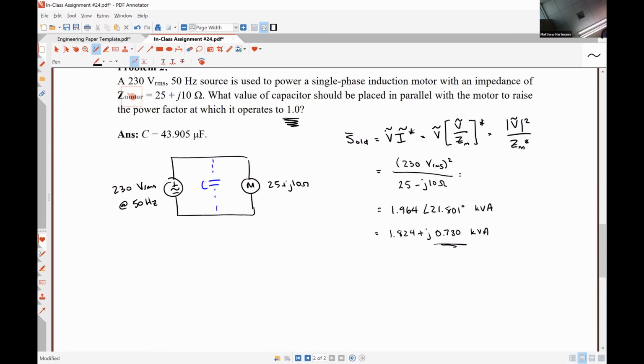So from this, C is 0.730 kVA divided by 100 pi, because our frequency was 50, so 50 times 2 pi is 100 pi, times 230 volts RMS quantity squared.